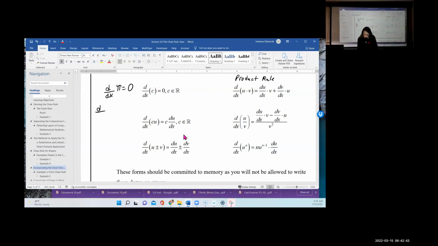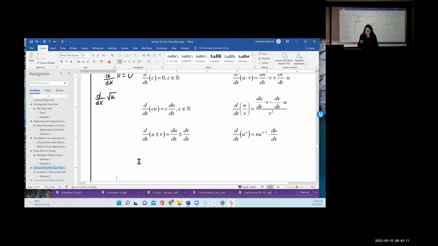We want to do the derivative with respect to x of the square root of u. I like to add this one because the square root of u shows up a lot. And if it's one that you have memorized, it just makes your life go a lot faster and it's a lot simpler. So let's think about how we might actually find the derivative of that.